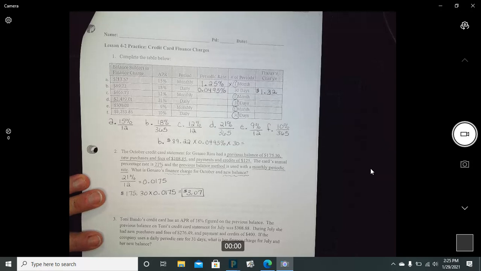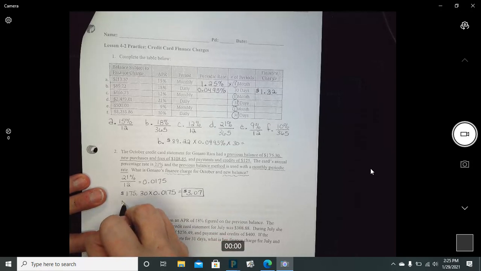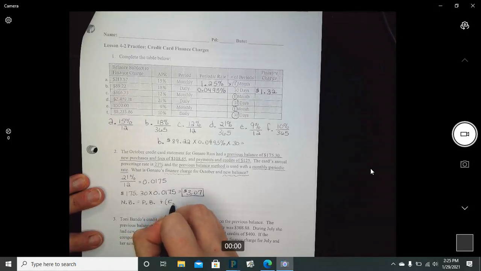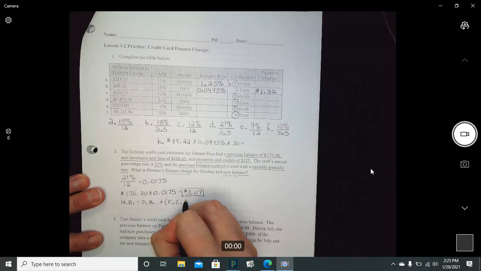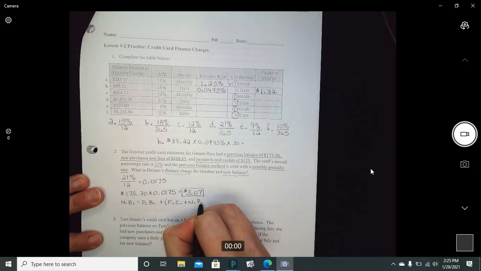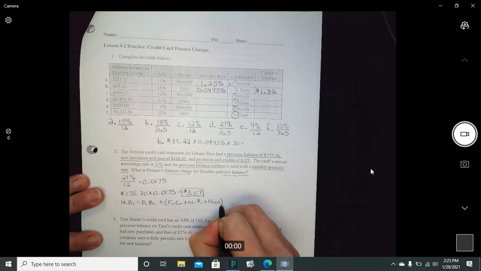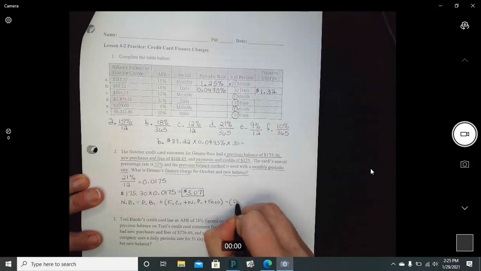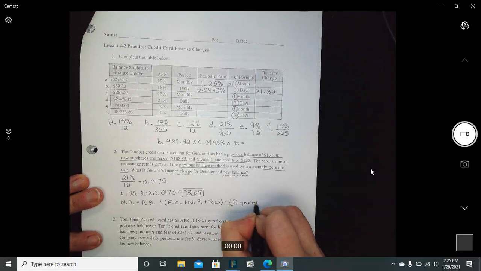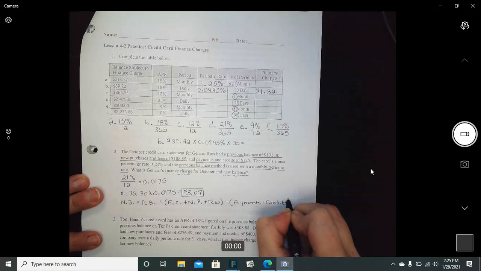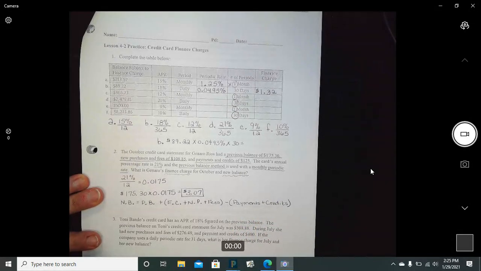My second one is going to be my new balance. So my new balance is going to be my previous balance plus the finance charge, new purchases, and any fees, minus your payments and credits. I'm just going to plug in numbers for this.